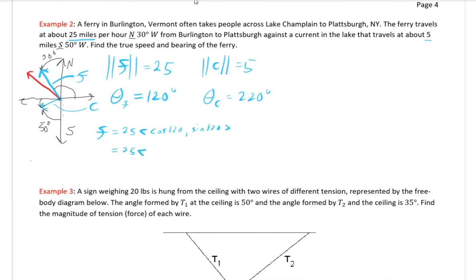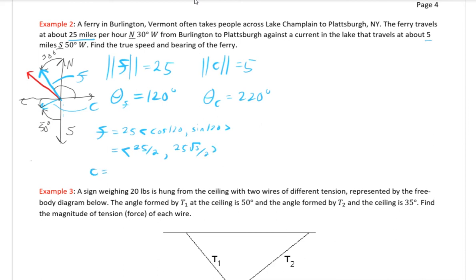Cosine of 120 degrees, that's the same as 2 pi over 3, which cosine of that is 1/2. So on the inside, we're going to have 25 times 1/2, or 25 over 2. And then for sine of 120, that will give you root 3 over 2. So you'll have 25 root 3 divided by 2.